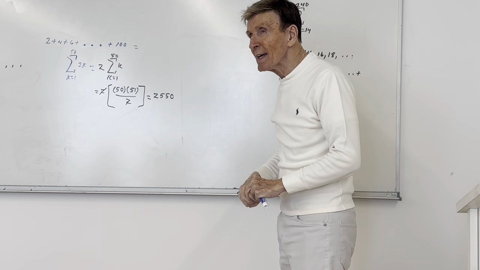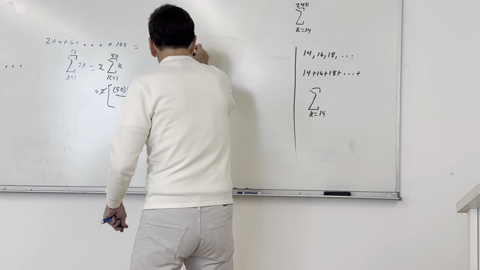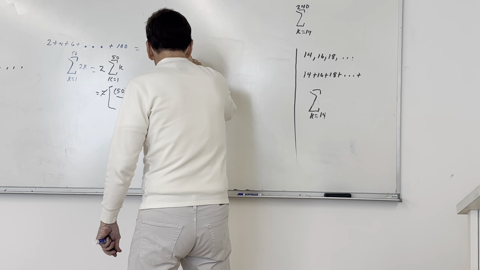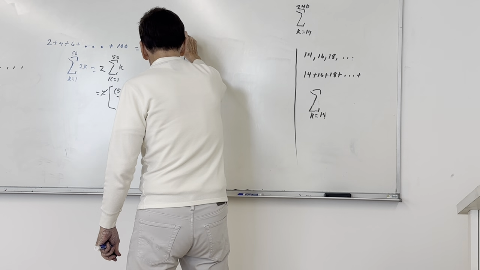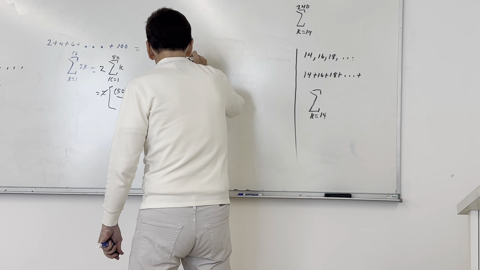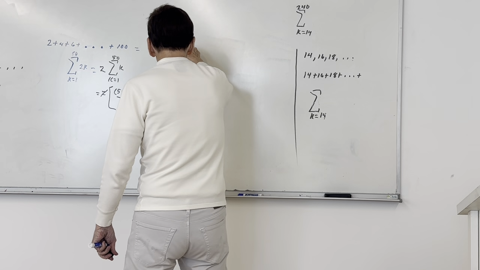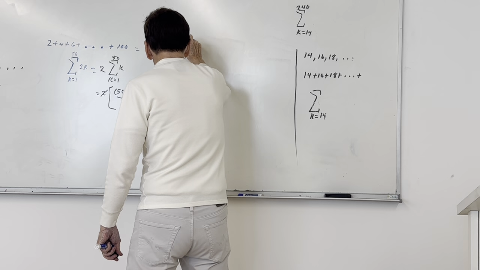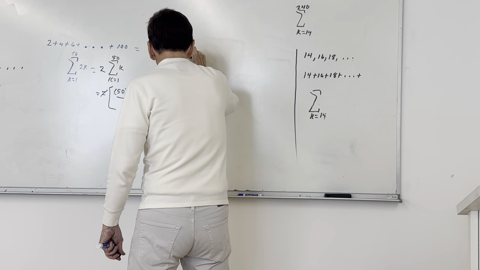Could I find first, let's start with 1 through, I guess, 240. No, that would be 120. Of 2K.